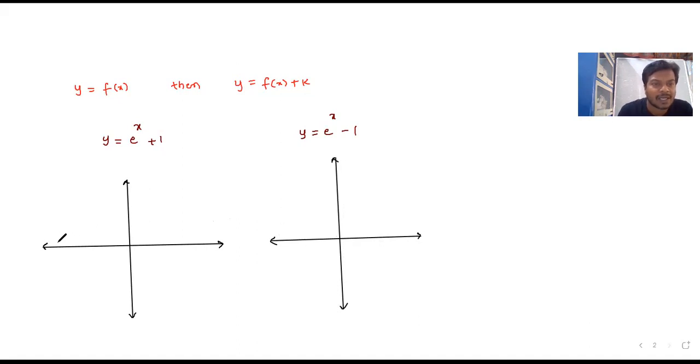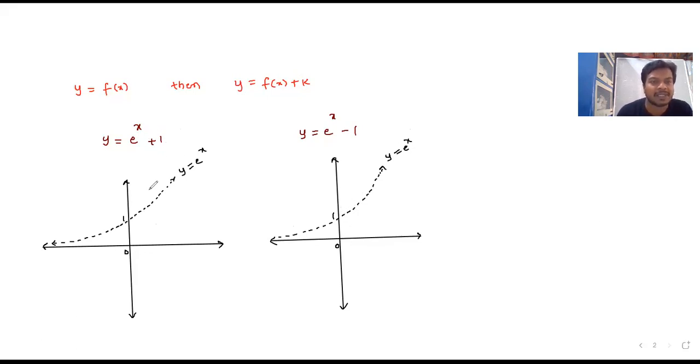We know that the graph of e power x exists like this. This dotted graph indicates y equal to e power x. At x equal to 0, e power 0 becomes 1. Same here. This is y equal to e to the power of x. At x equal to 0, the value of y equal to 1. Right?